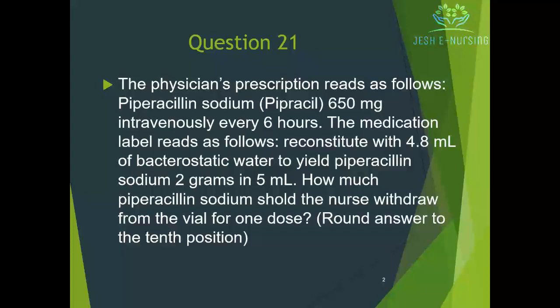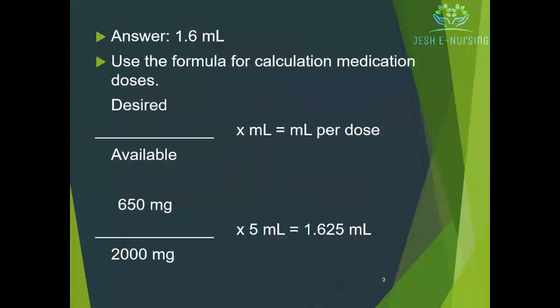What's the answer? What's the formula we have to use here? The formula is always doctor's order into amount divided by available dose. Here the doctor's order is 650 mg, and the amount is 5 ml.